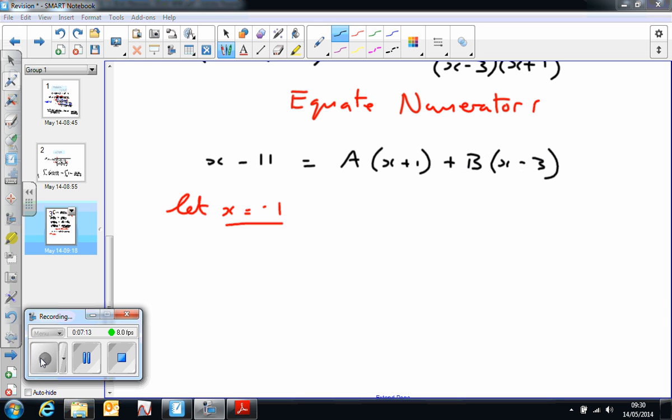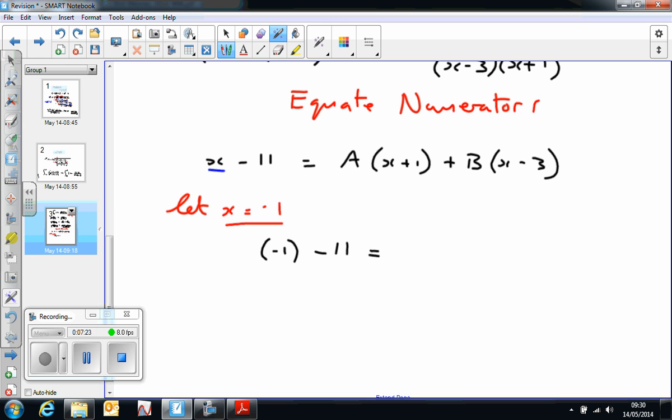So letting x equal minus 1, because x is minus 1, minus 11 on the left hand side, in other words, I'll replace x throughout here with minus 1.